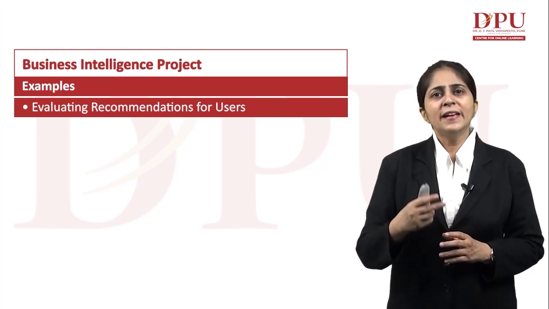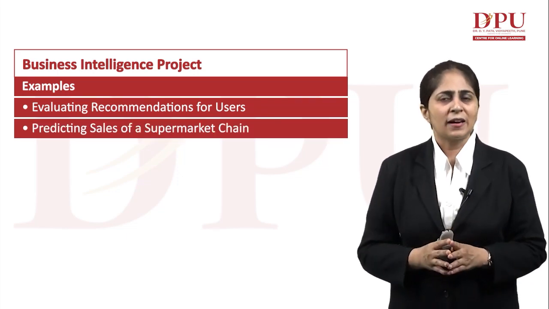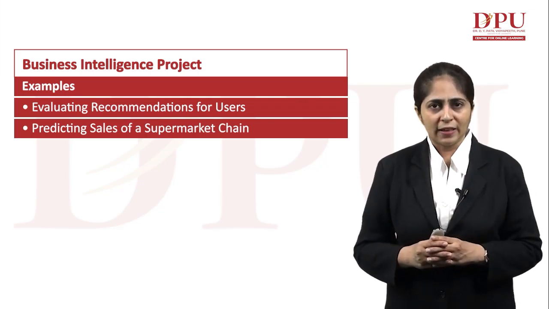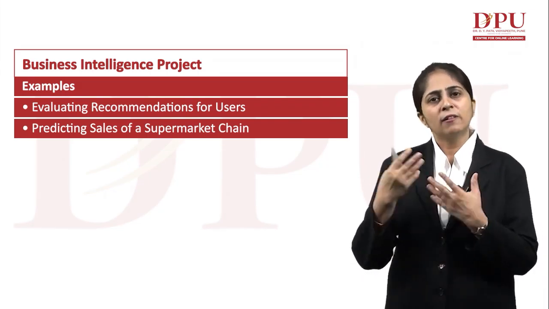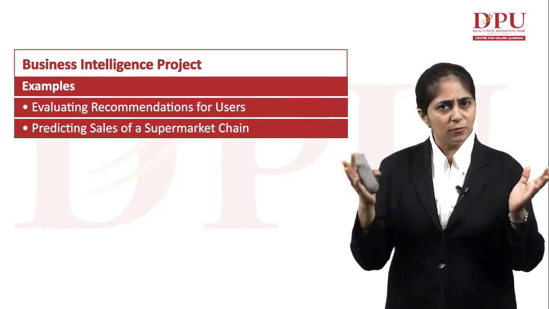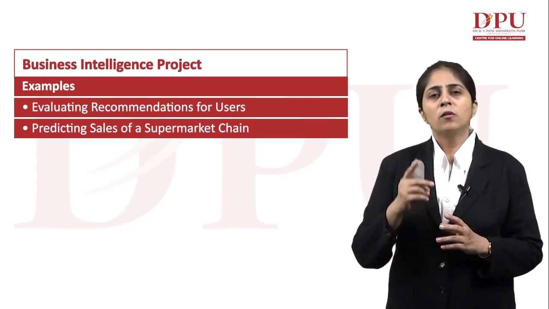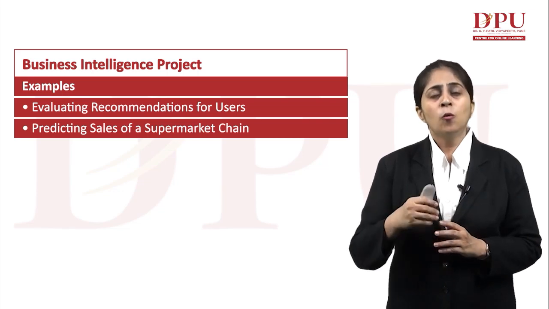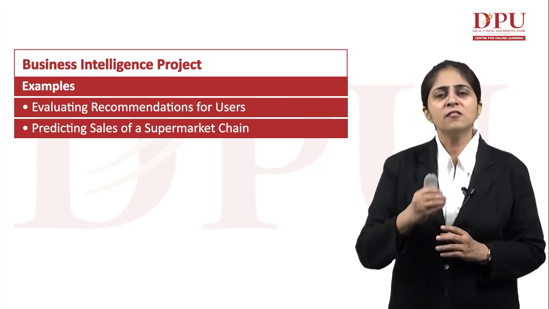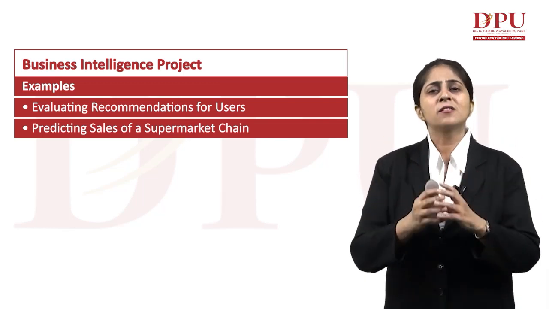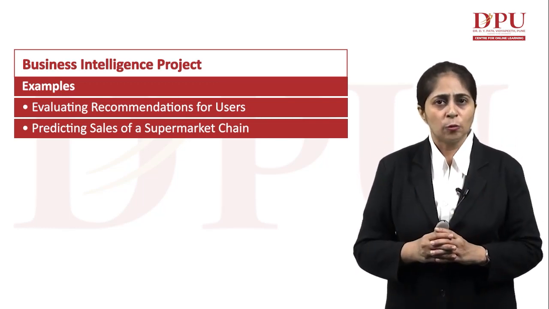Another is predicting sales of a supermarket chain. We have D-Mart, Reliance Mart, Big Bazaar, and a number of others. These are all supermarket chains. A project can be built that can predict the sales of such a supermarket, what the maximum sale is.